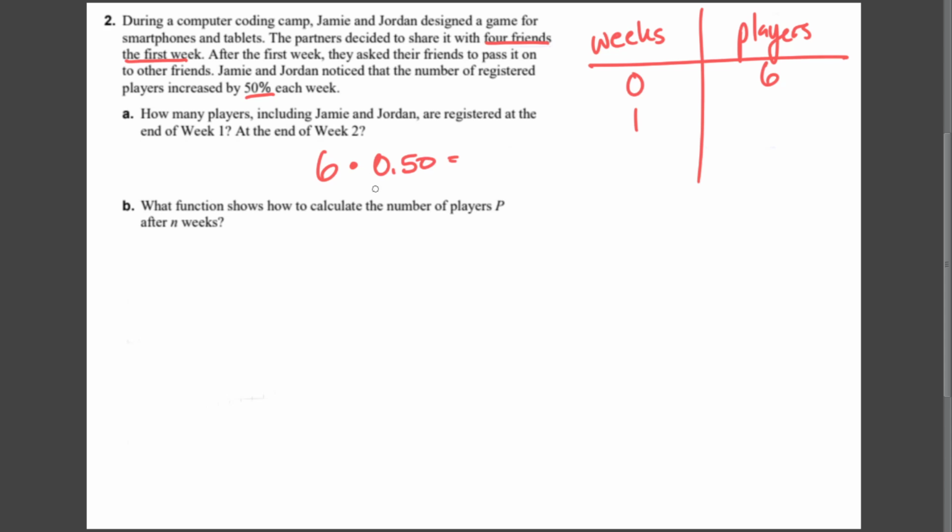This is 50% written as a decimal, is equal to, if I plug that into a calculator, I'm going to get 3. Now, this is not 3 players here, because we are going to grow by this amount. We are going to add 3 to the original 6. So we started with 6 people, 1 week passes, and now we've grown by 3 to give us 9. So at the end of week 1, there are 9 players. Cool?